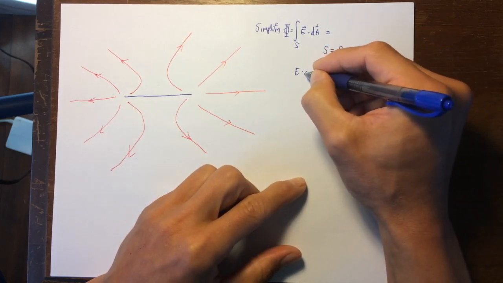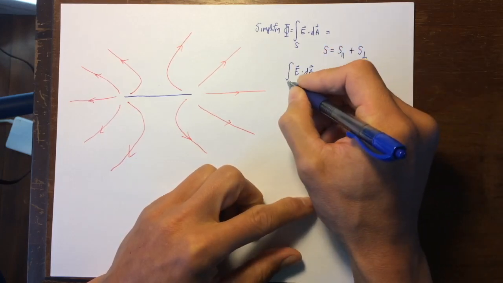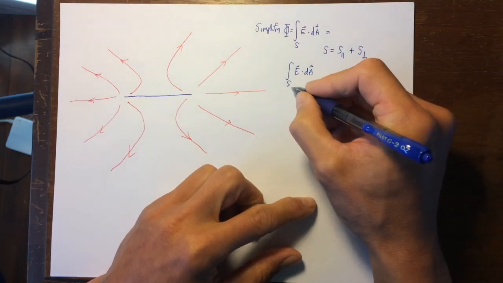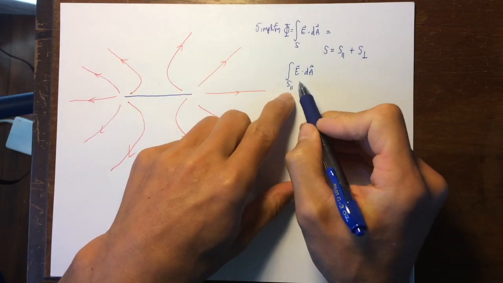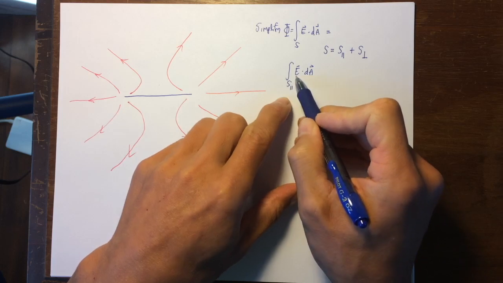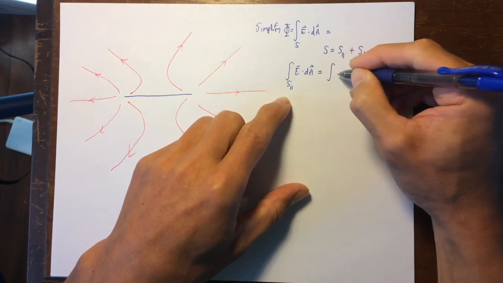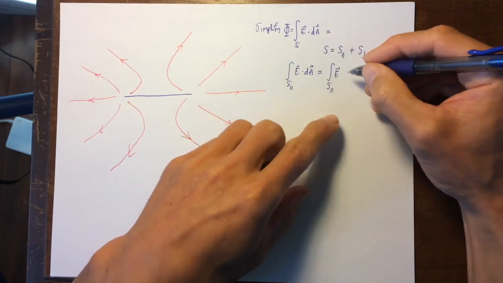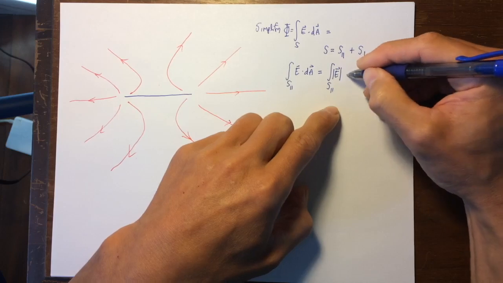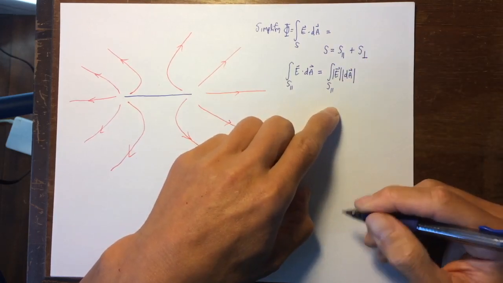And what I mean by this is, when E dot dA is integrated over the parts of the surface where we have parallelism, what I'm referring to is the parts of the surface where the electric field is parallel to dA. So this is the integral over the parallel parts of S of just E times dA, right?